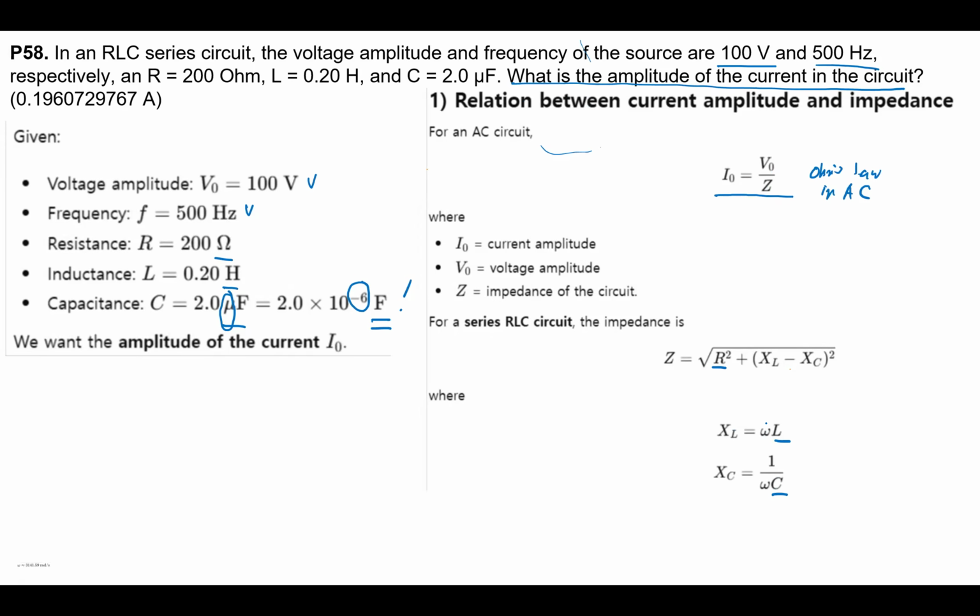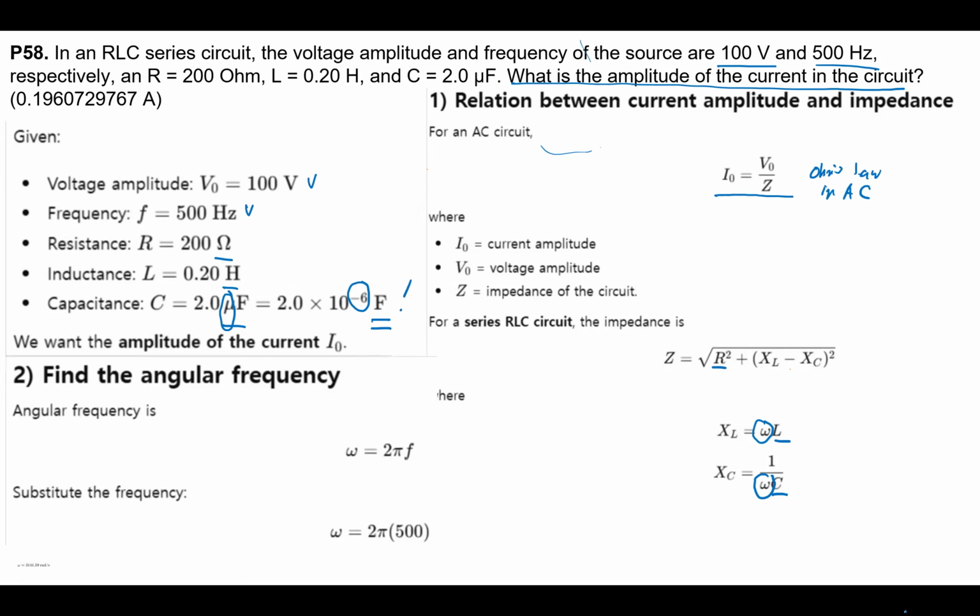And then it is absolutely important to find out what omega is. Omega is 2 pi f. This is important. And then you get radians per second.